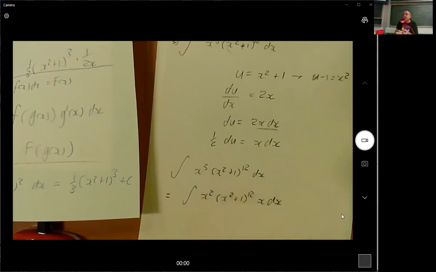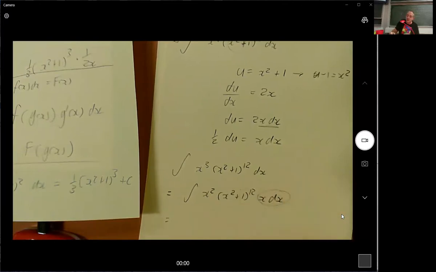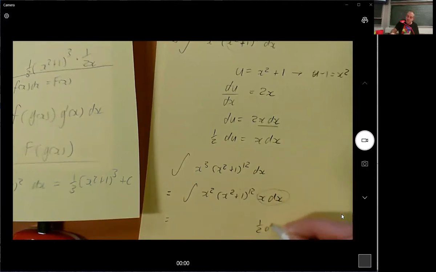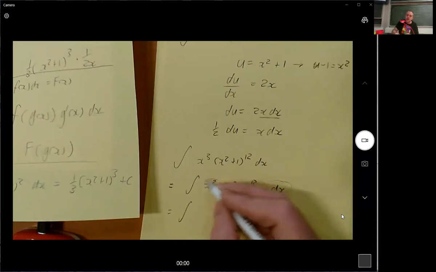So x cubed, I can pull an x and an x squared. And now every piece of this has to be replaced with something involving u. I know that this bit is a half of du. I know that this bit is u. And I know that this bit is u minus 1.